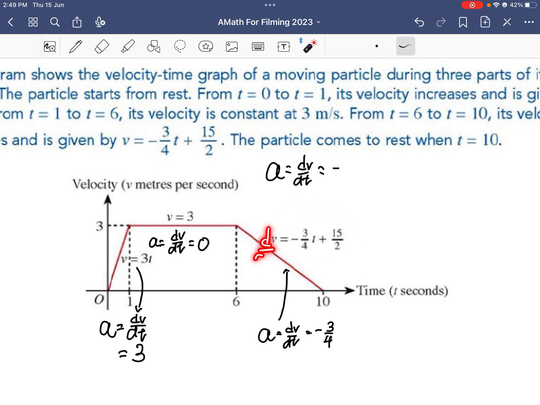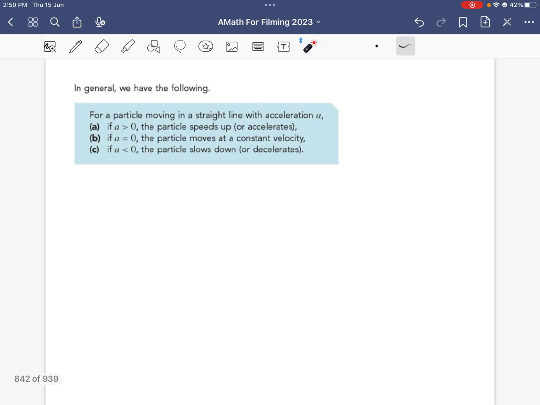Now for the very last part here, if I differentiate velocity with respect to time, I get negative 3/4. Notice that acceleration in this case is negative. Negative implies that the object is slowing down until it reaches this point here where the velocity is 0. It means that the object is at rest.